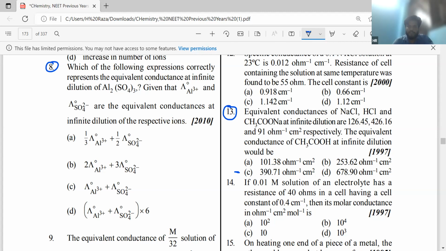Rim, can you do the question number 8? No, sir. Can you explain?